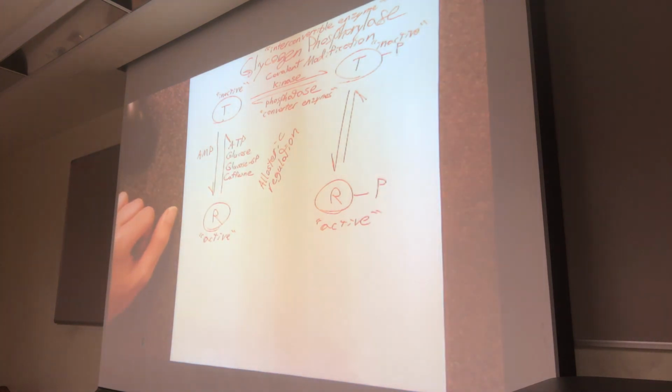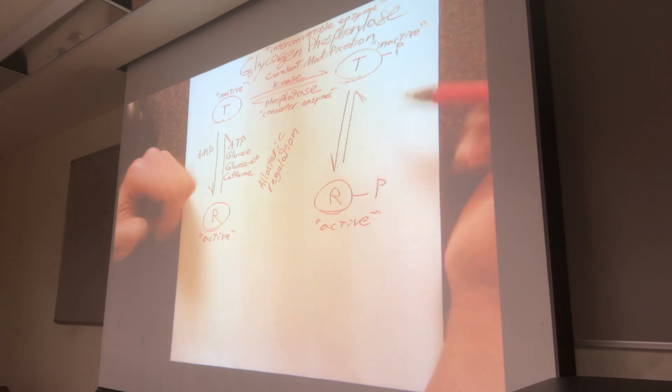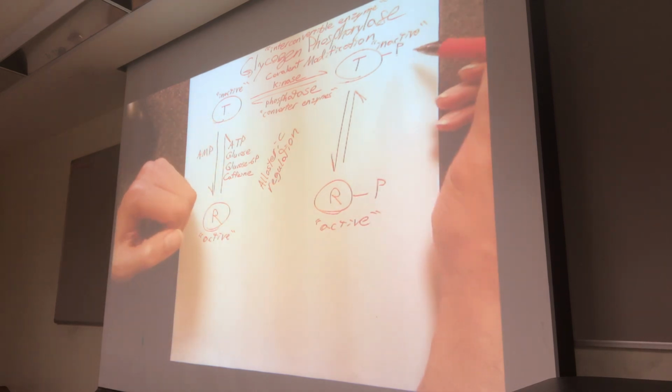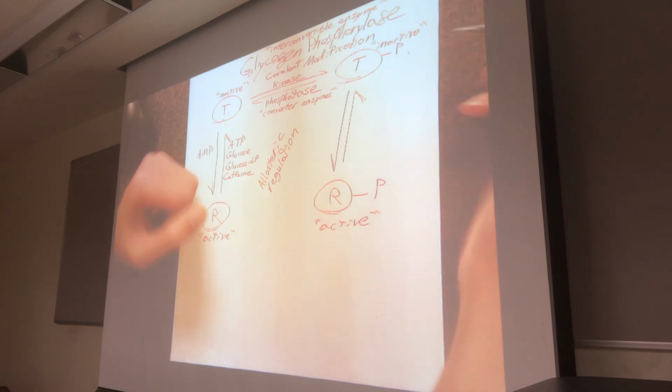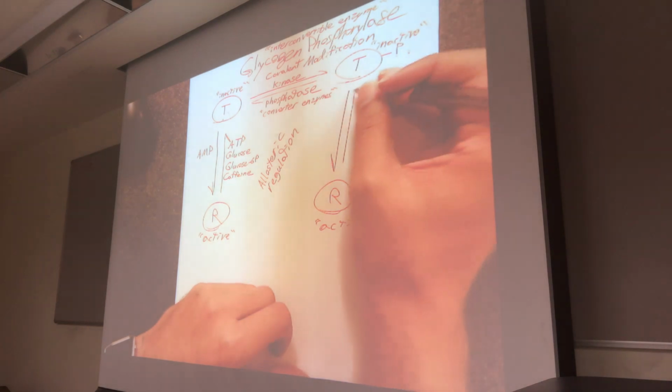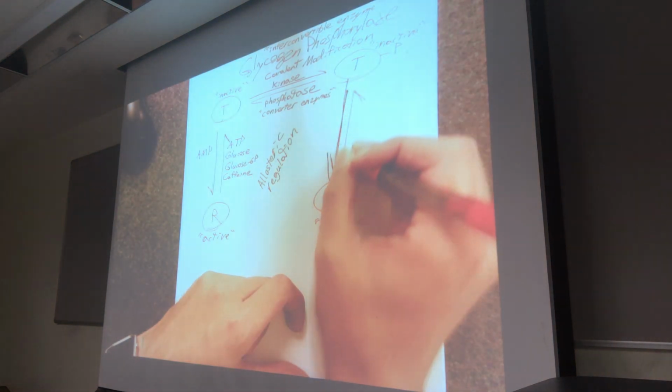Over here on the right, we have a weird situation going on. It turns out, and they don't really illustrate this too well in the picture, that when you covalently attach a phosphate to glycogen phosphorylase, it superactivates it.